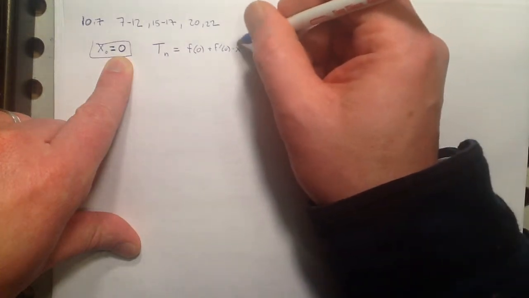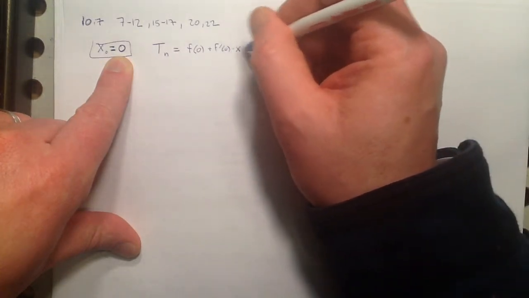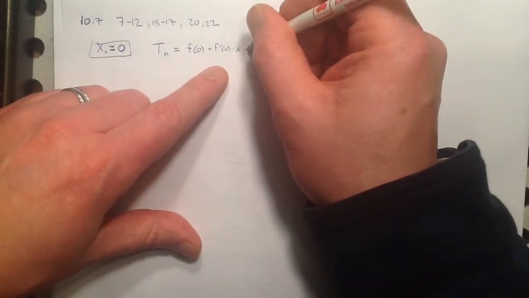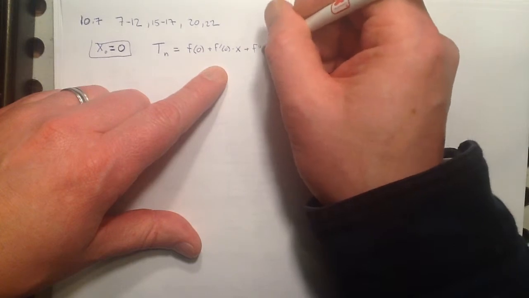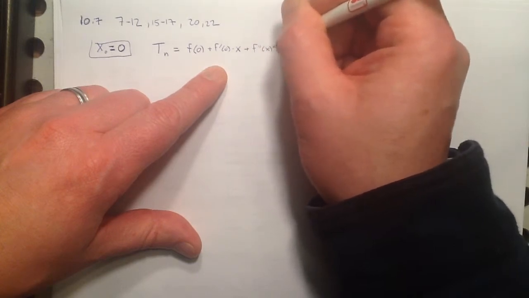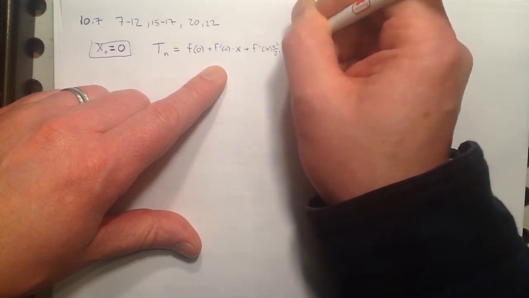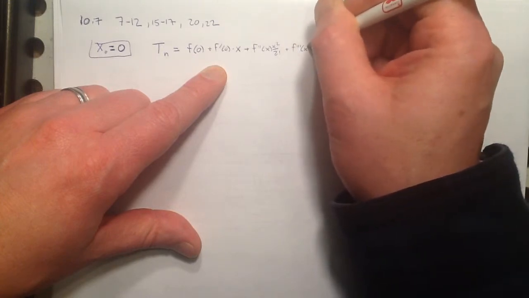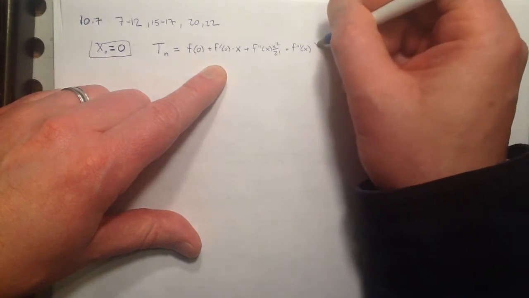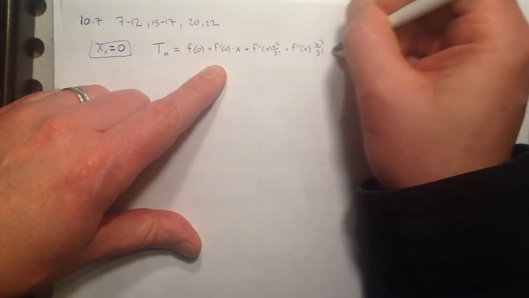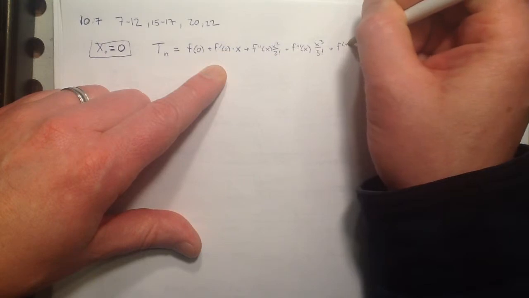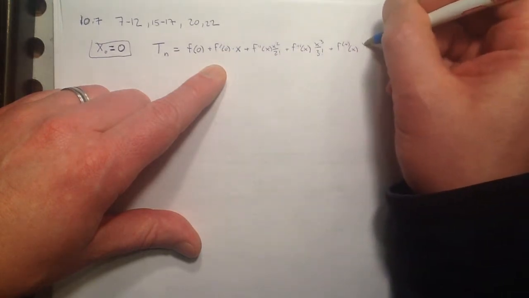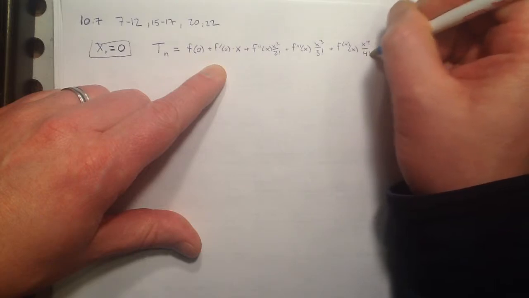And if you're thinking, well, that's x minus 0, all those little factors, all the x minus x sub zeros, those are all 0. Times x squared over 2 factorial. And then there's the third derivative times x cubed over 3 factorial, fourth derivative times x to the 4th over 4 factorial.